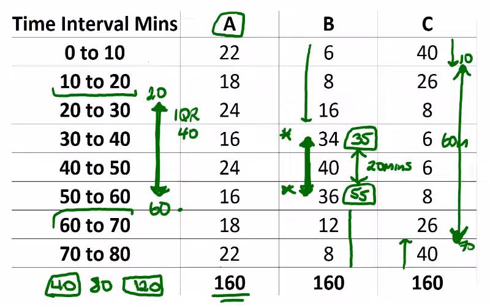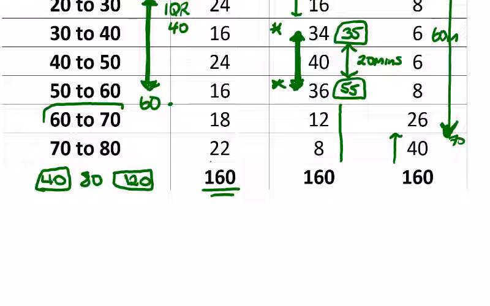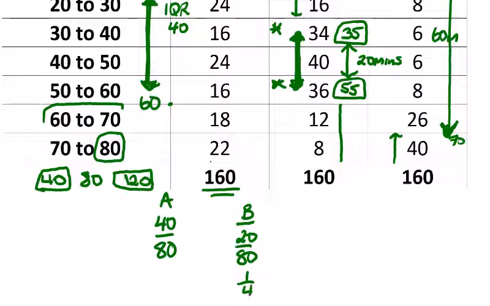So we look at A, B and C then in terms of range and ratio. A is 40, the range for everyone is 80, 0 to 80 minutes. So A is 40 over 80, which is 1 over 2. B is 20 over 80, which is 1 over 4. And C, we had an interquartile range of 60 over 80, which is 3 over 4.